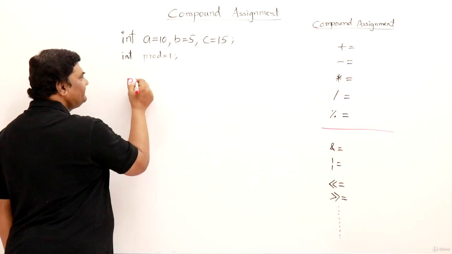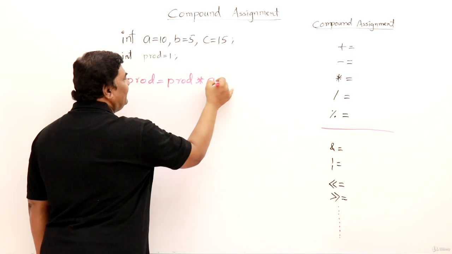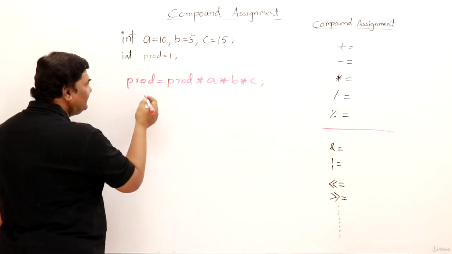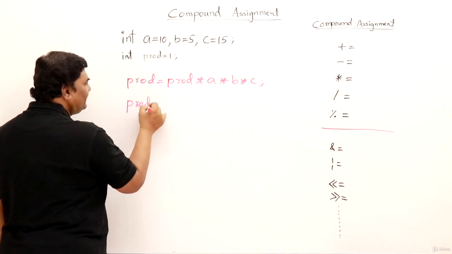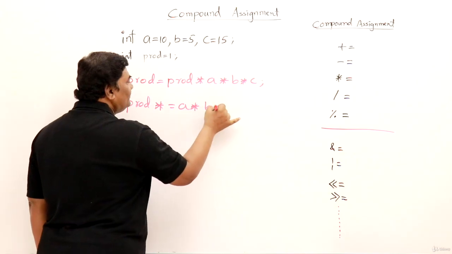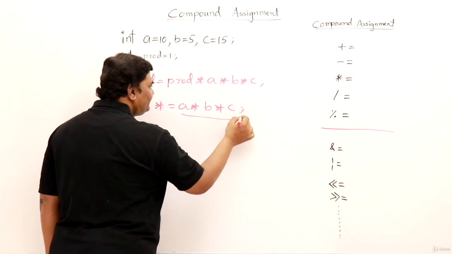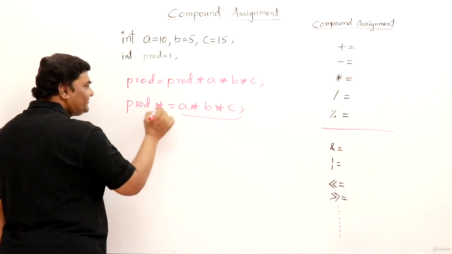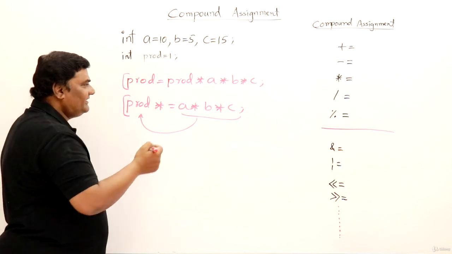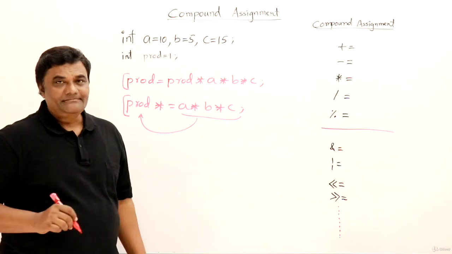So this can be written as product assign product multiplied by A multiplied by B multiplied by C. Then the same thing can also be written like this: product multiplied assign A into B into C. This means multiply all these and multiply the result with product also and store the result in product. So the same statement can be written like this. Now if you want to break it into multiple statements, you can break them.